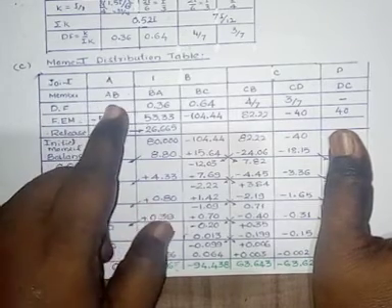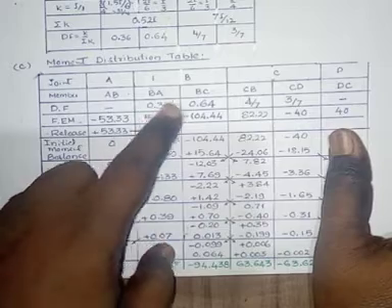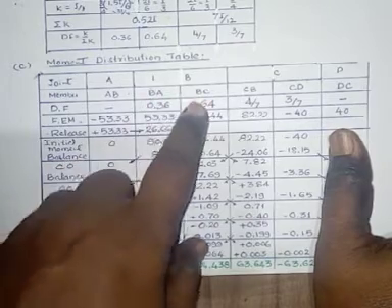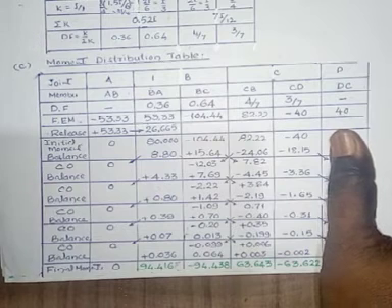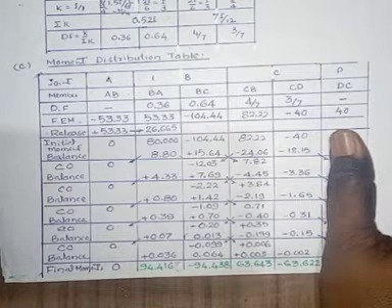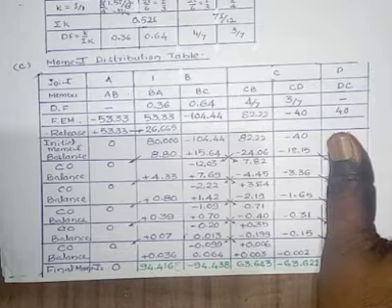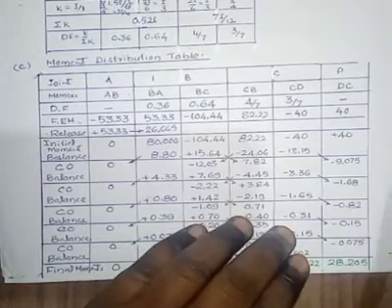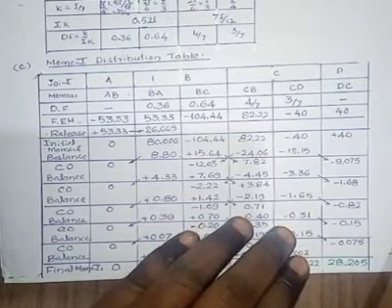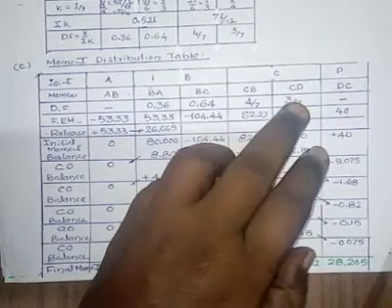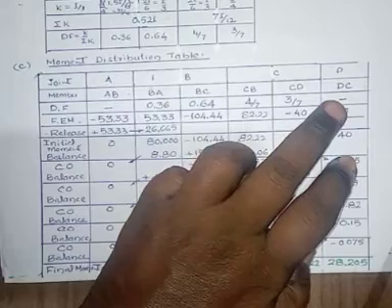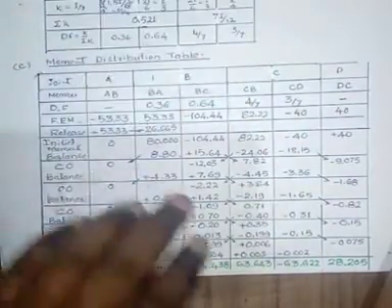At joint A, AB is the only member. At joint B, two members are connected, one is BA and another one is BC. At C, two members are connected, one is CB and another one is CD. At D, only one member, that is D to C.